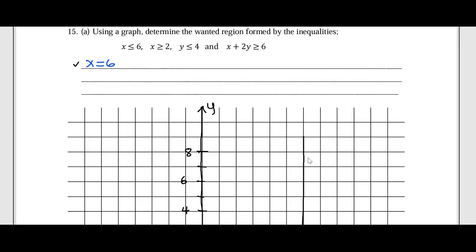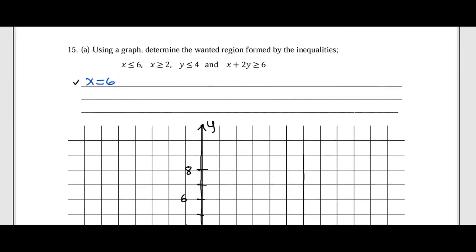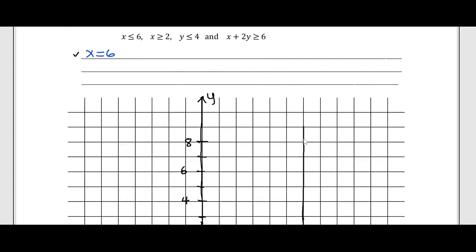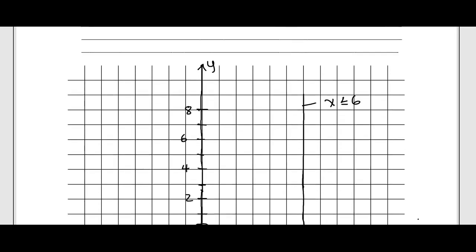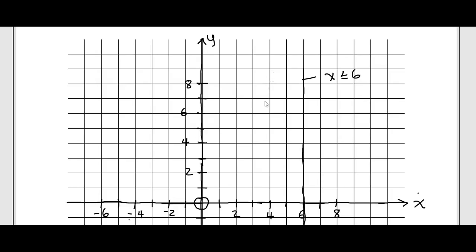But remember, we are supposed to shade the unwanted region and leave the wanted region. So this is our line, x is less than or equal to 6, right? If you look at this line, there are values on this side and there are also values on this side.